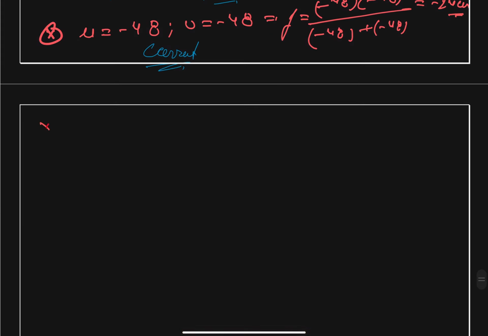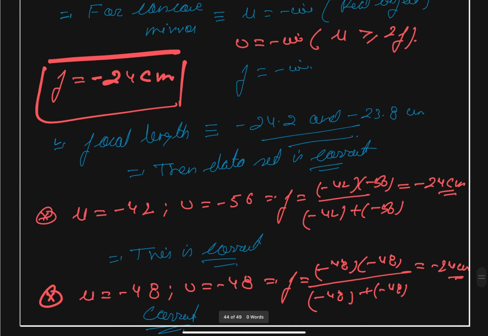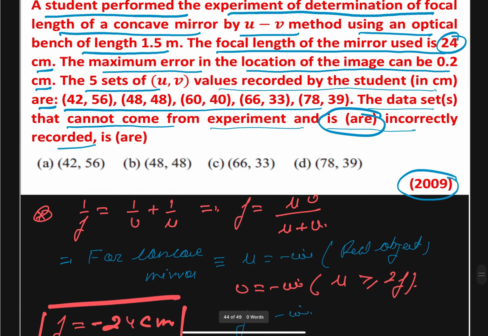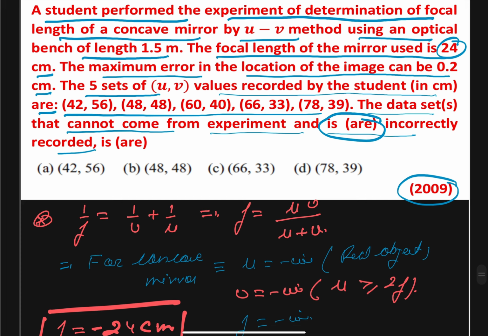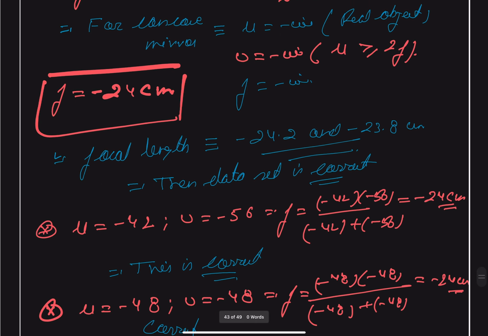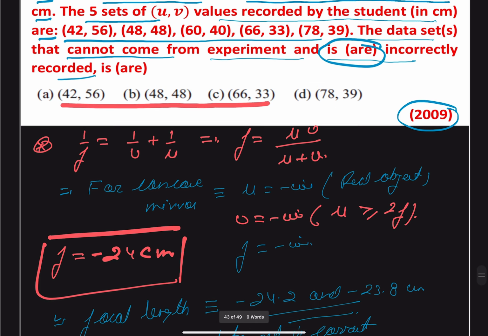We come to the next one. Sorry, I was looking at the wrong thing. Okay, I'm only going to check the option. My mistake. So the next one comes as 66 and 33.